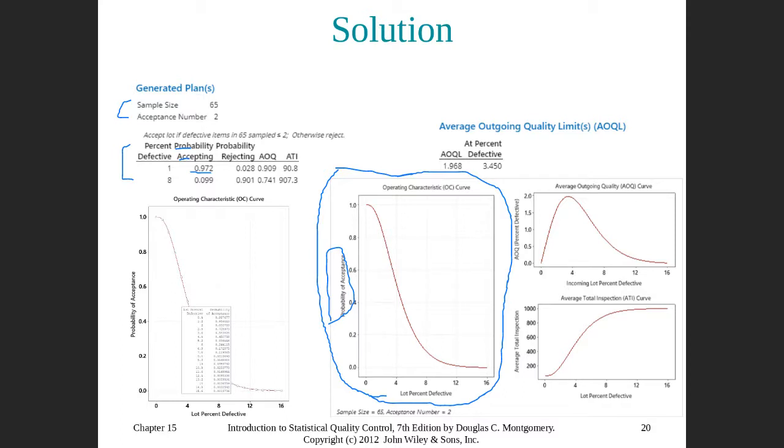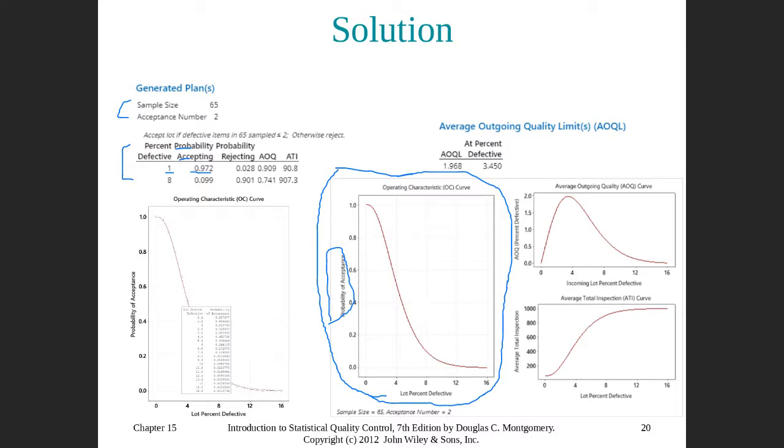You can say 97% of the time you will accept the lot when you have 1% of defective. And we got that 1% from the AQL, which is given as an agreement between the supplier and the producer.